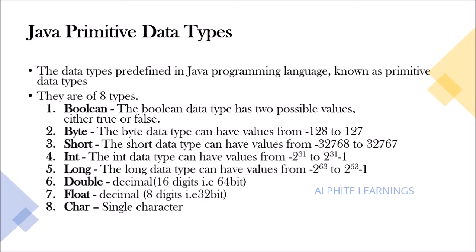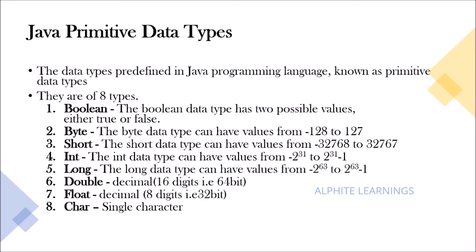We can see. Boolean, when used in front of any variable, means that variable can store only true or false. Next is the byte.